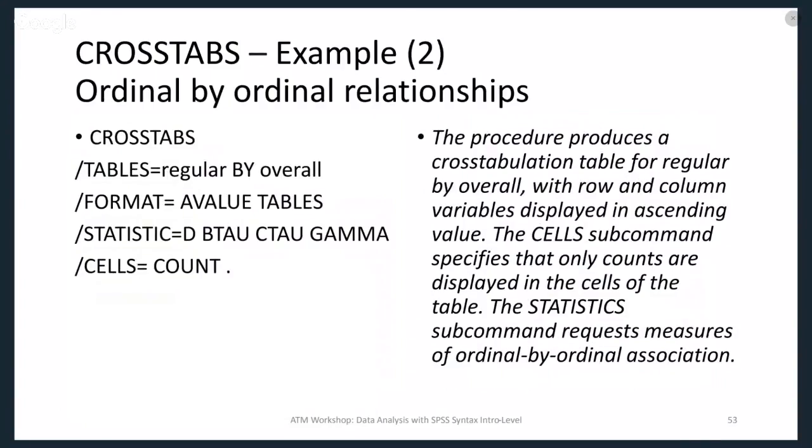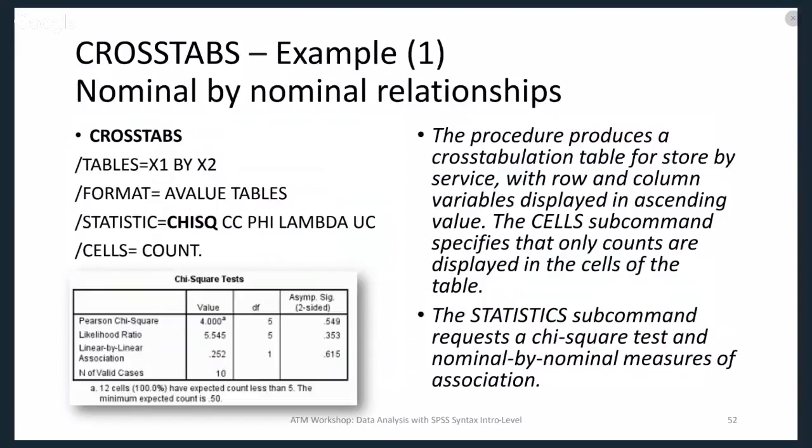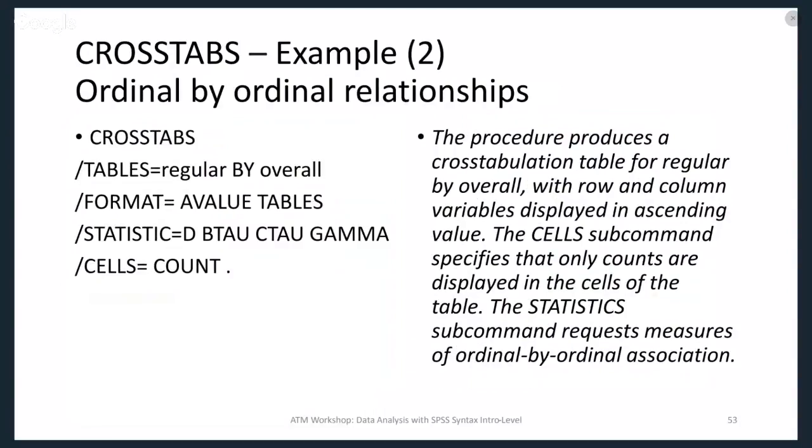Okay, another cross-tab analysis with ordinal variables. Here I ask for D, BTAU, CTAU, gamma. Where did that come from? It came from here: if you choose those options, you will be able to get those B, BTAU, CTAU, gamma. Frankly speaking, I don't remember all those abbreviations.